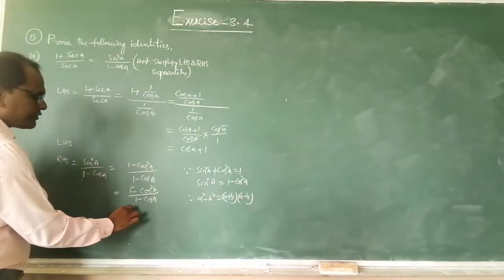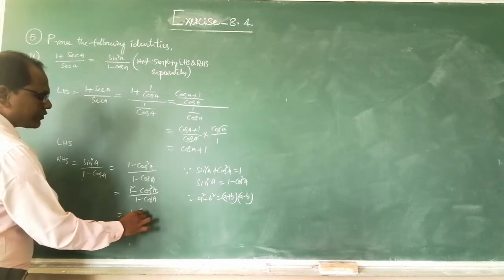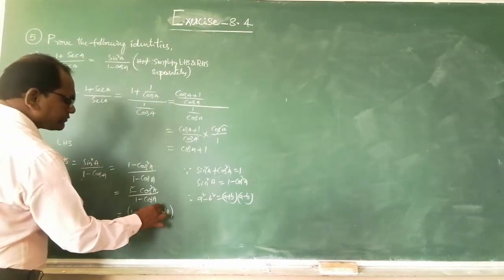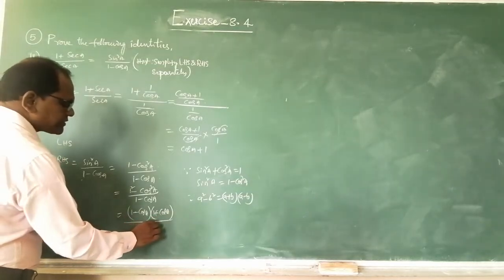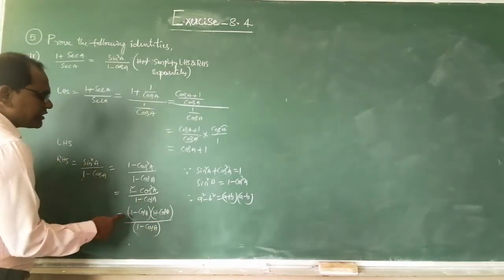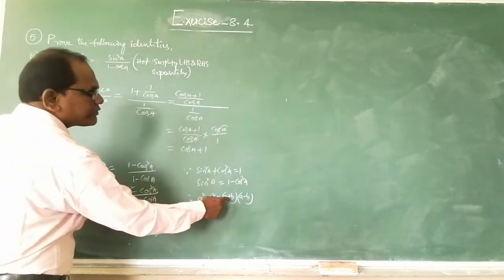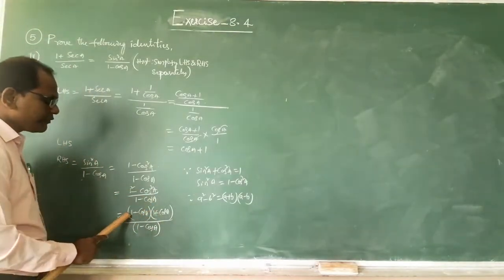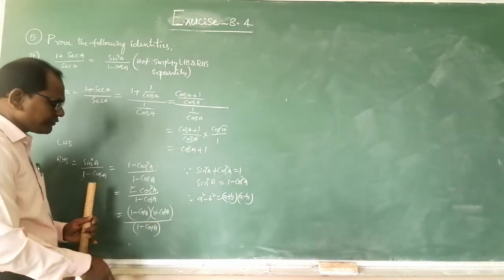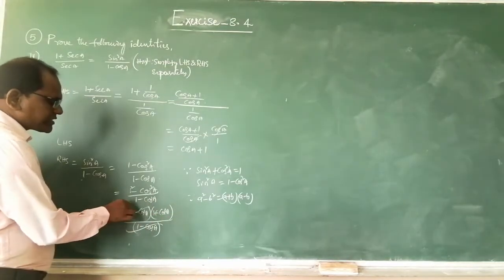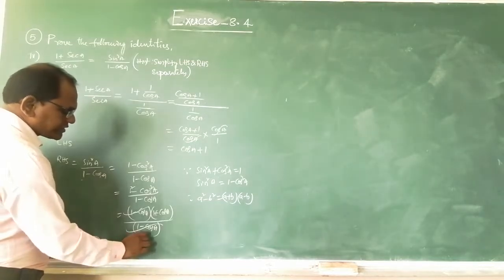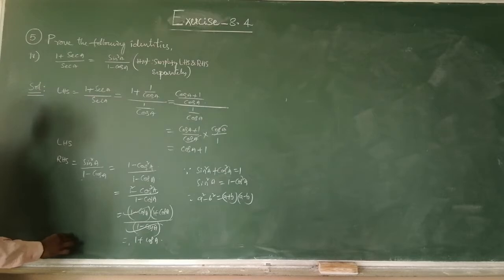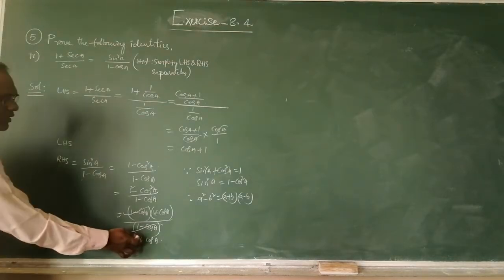Here A means 1, B means cos A. Therefore (1 minus cos A)(1 plus cos A) by (1 minus cos A). Then 1 minus cos A cancels, leaving 1 plus cos A. Therefore RHS equals 1 plus cos A.